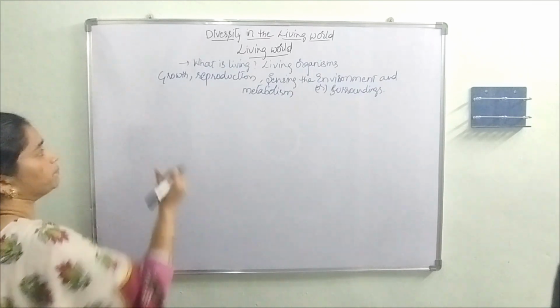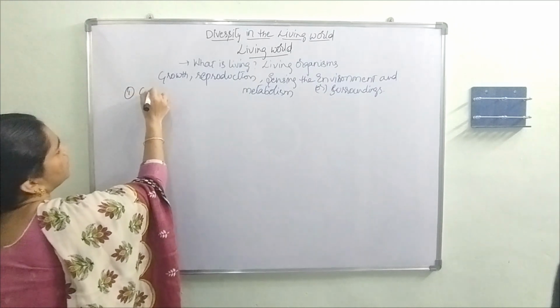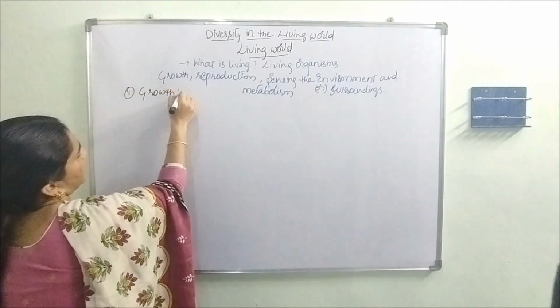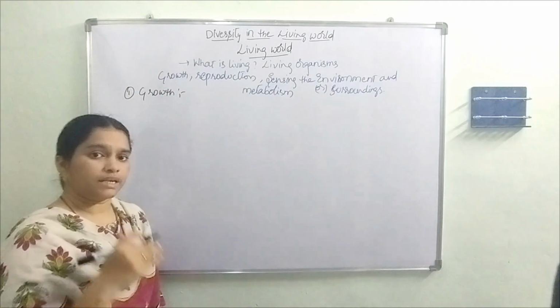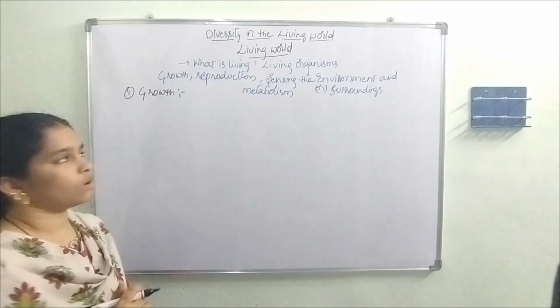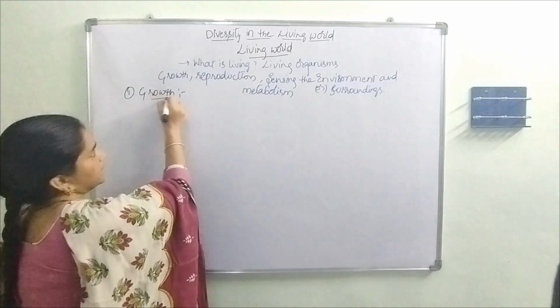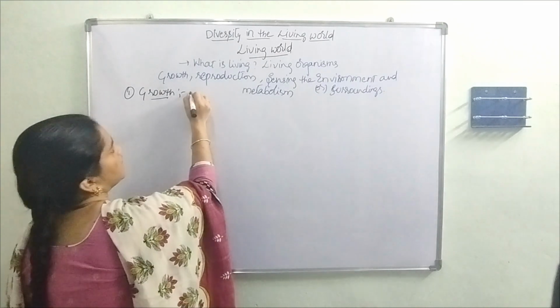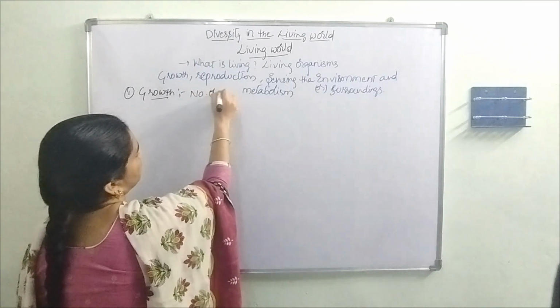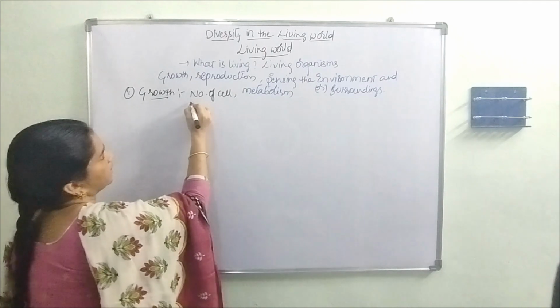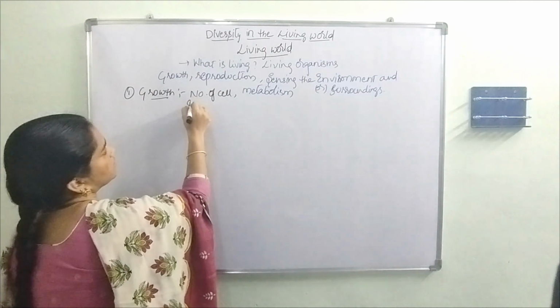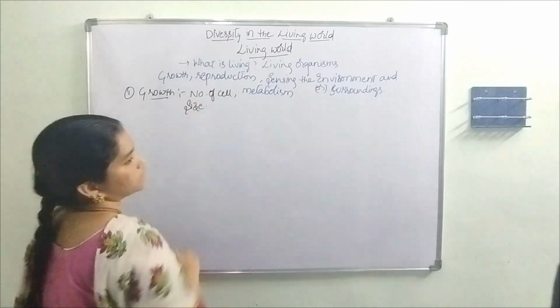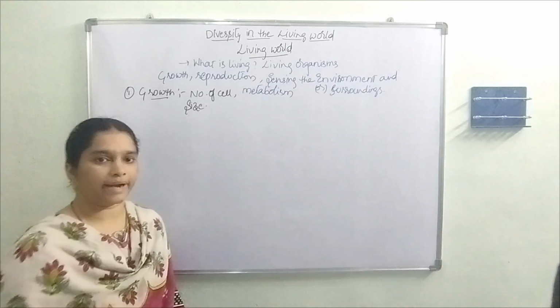So growth can be seen in living organisms externally. Okay, so how it happens is by multiplication, that is number of cells and increase in size, etc. We can see the growth day by day.